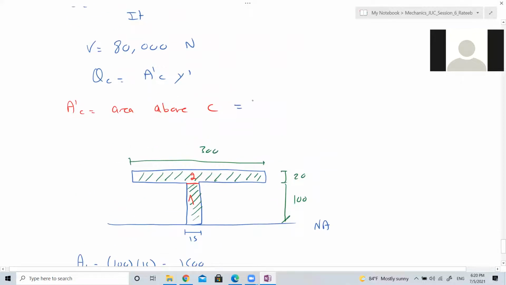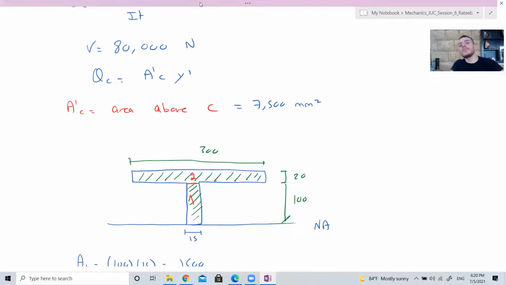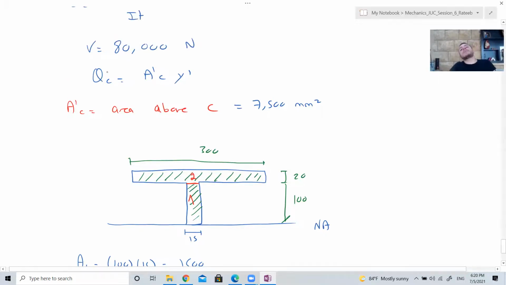So area prime is 7,500 millimeters squared. Who can tell me what is Y prime? What is the definition of Y prime?